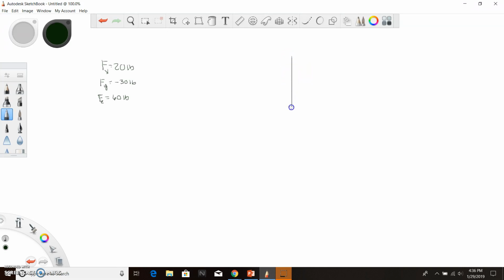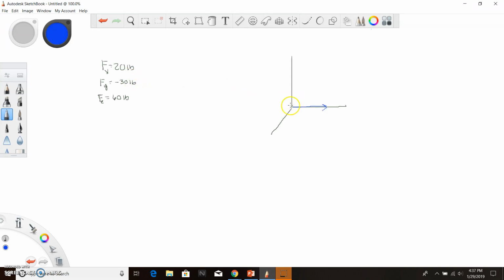Okay, so here's my x, my y, and my z, and my positive z-axis is going to be coming out here. So let's draw these with a different color. If these are my axes, the x component is 20 pounds, so I have a vector going this way that's 20 pounds.